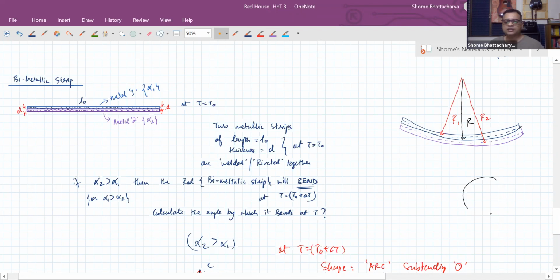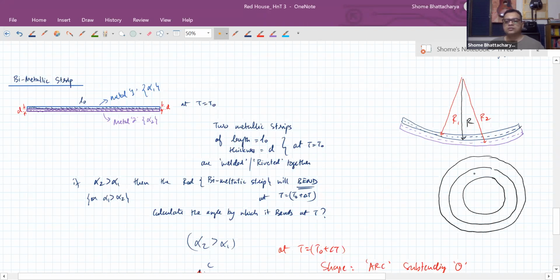It's like basically having a set of concentric circles now. Like this. So this kind of situation.